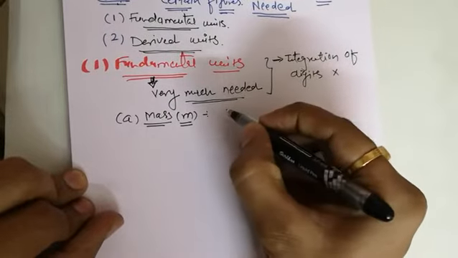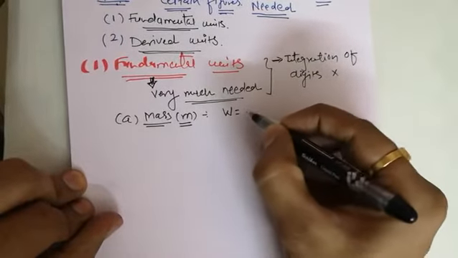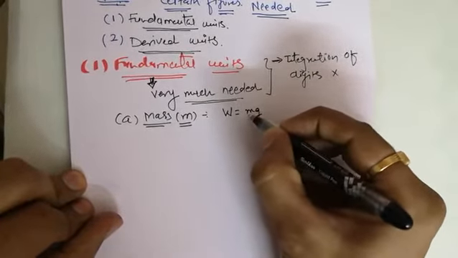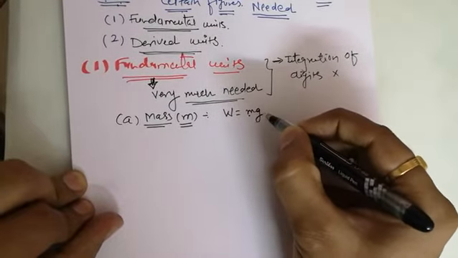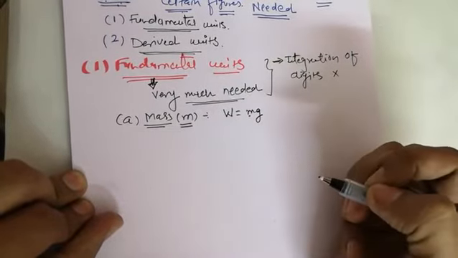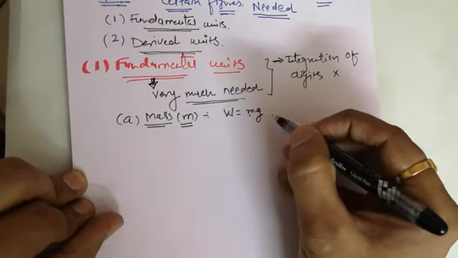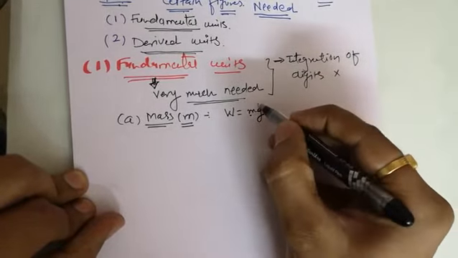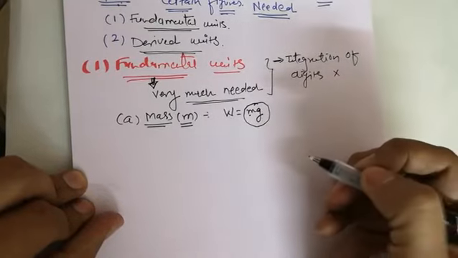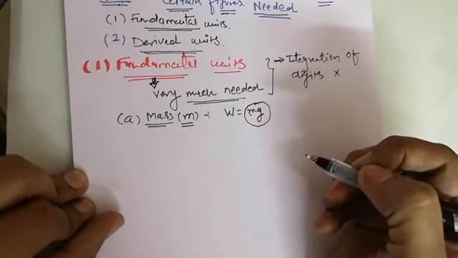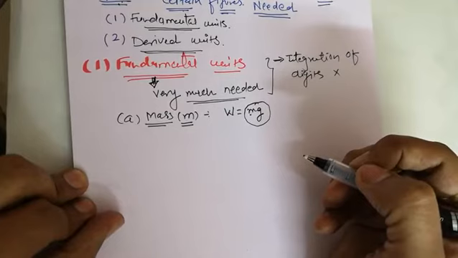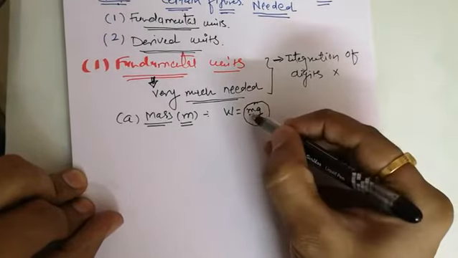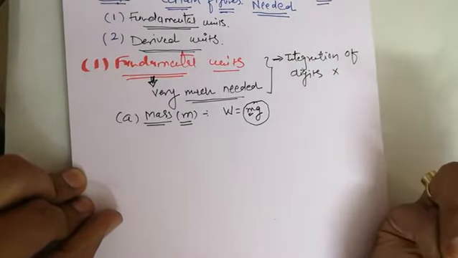If someone is asking for W, it is called your weight, which means M multiplied by G. If you say your weight on the earth is, let's say, 50 kilogram, you are giving these two multiplied quantities. But what we are dealing with right now is called mass.